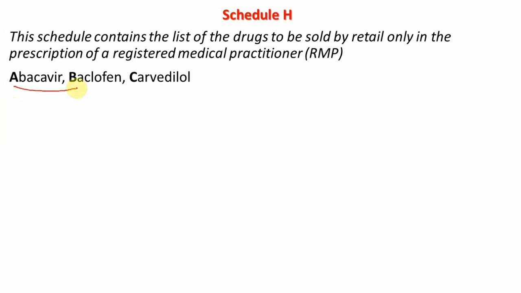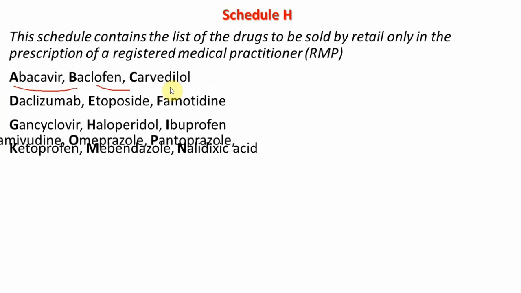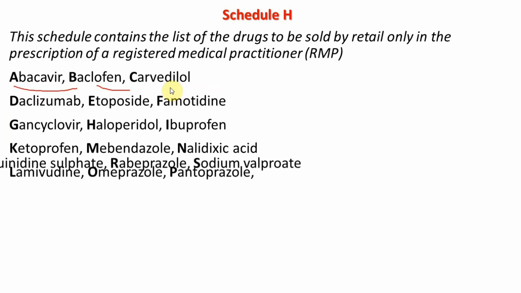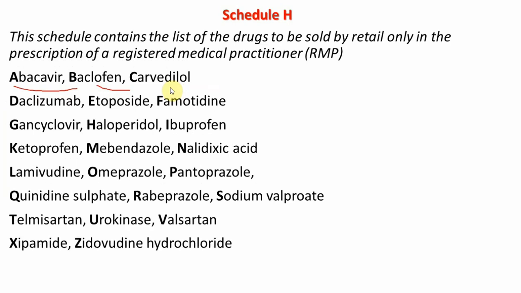These are the examples: abacavir, baclofen, carvedilol, then daclizumab, ganciclovir, then ketoprofen, lamivudine, omeprazole, pantoprazole, pyridostigmine sulfate, rabeprazole, telmisartan, urokinase, valsartan. These all are the examples of Schedule H.